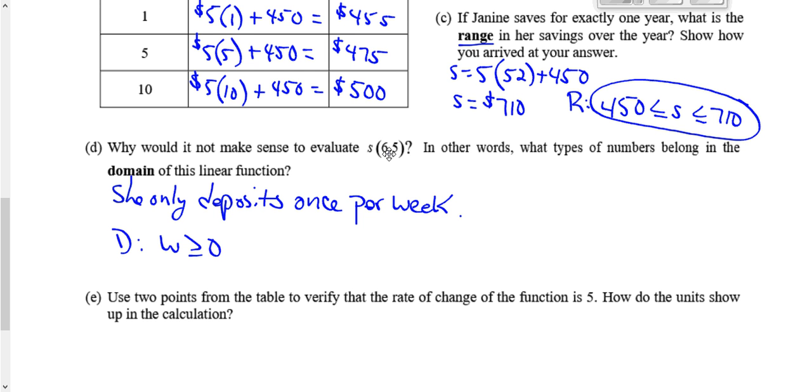How could I change this? Maybe I could put a comma and put one more little restriction on W. What kind of number will W have to be? A whole number, or an integer.